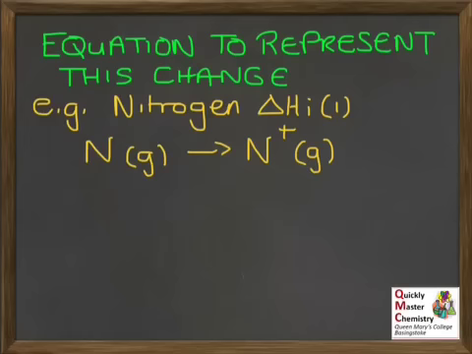Now we have to show the electron that's been lost, and so we write that separately on the right hand side as + e-. So in a way what this represents is that we started with a nitrogen atom in the gas state, and at the end of the process we've now got a nitrogen plus ion in the gas state and an electron which is now separate from it.